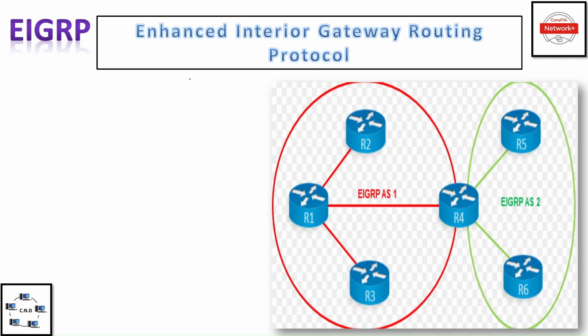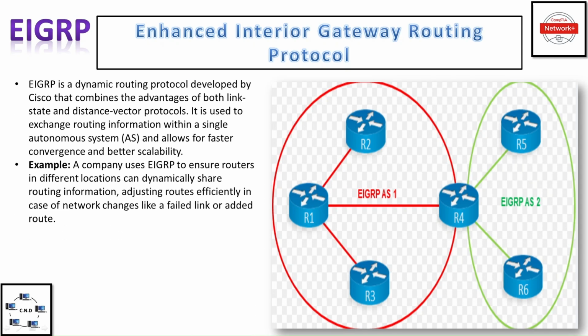EIGRP, that is Enhanced Interior Gateway Routing Protocol. So EIGRP is a dynamic routing protocol developed by Cisco that combines the advantages of both link state and distance vector protocols. It is used to exchange routing information within a single autonomous system and allows for faster convergence and better scalability.